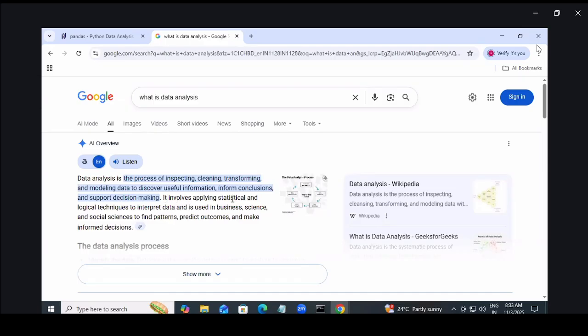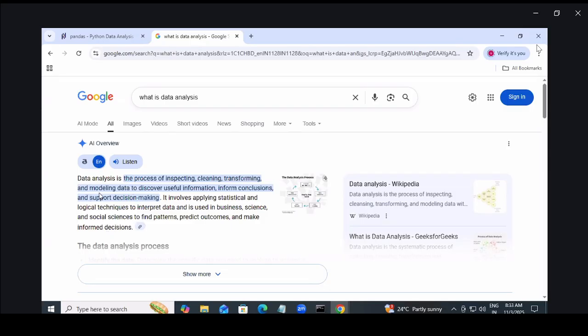It involves applying statistical and logical techniques to interpret the data, and is used in business, data science or social sciences, for finding patterns or predicting certain outcomes, and making informed decisions.